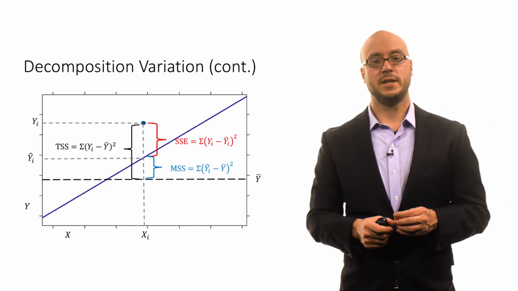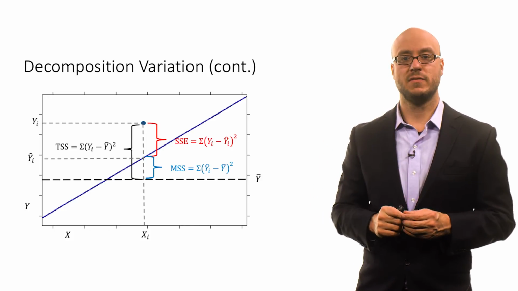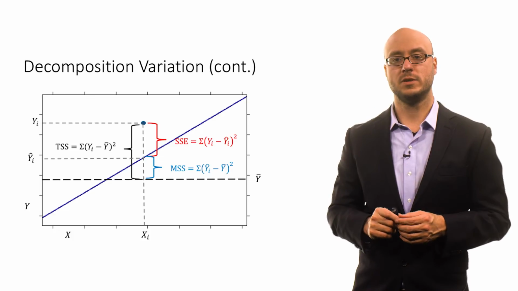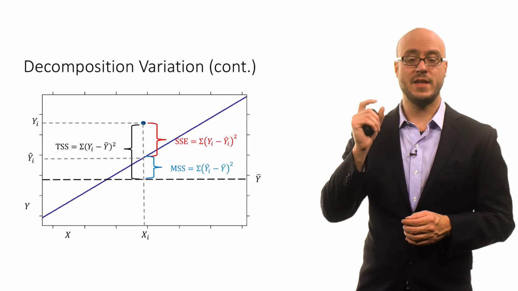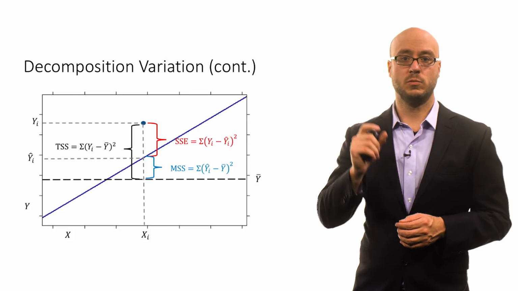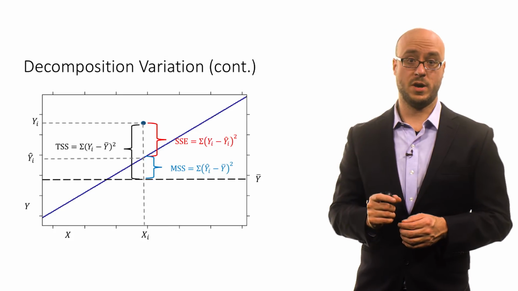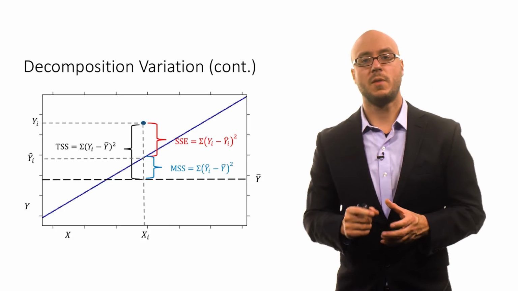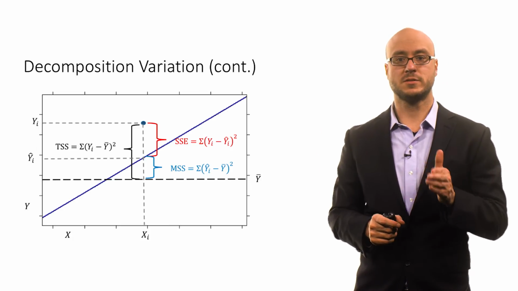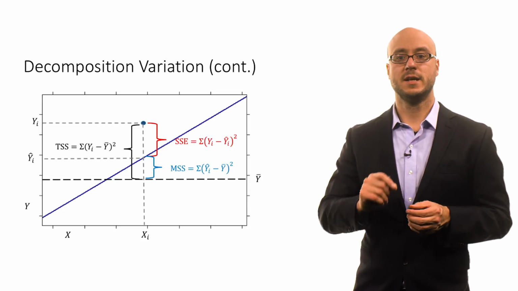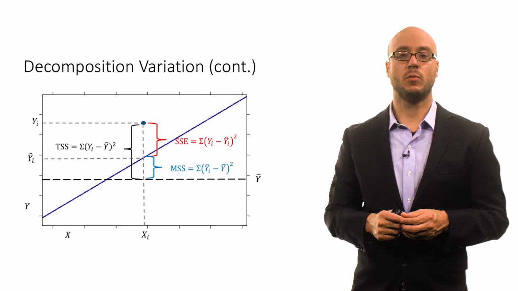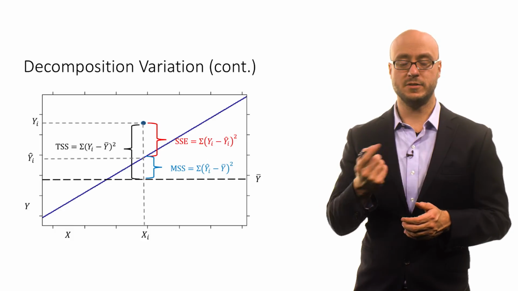Then we can divide this into that variation in the outcome which is accounted for by our model, which we call the model sum of squares, and that amount of variation in the outcome which is not accounted for by our model. We call it the sum of the squared errors. The model sum of squares is simply the y hats for all the people or all the rows in our data set, and then we subtract the mean of y, and we square it so that the values don't cancel each other out.